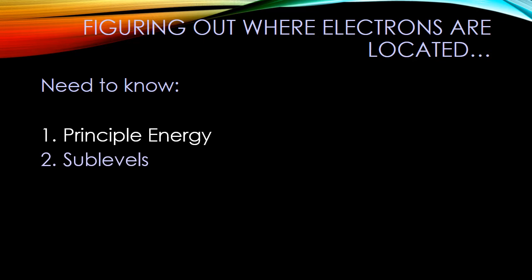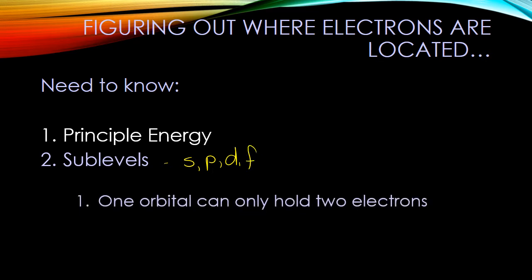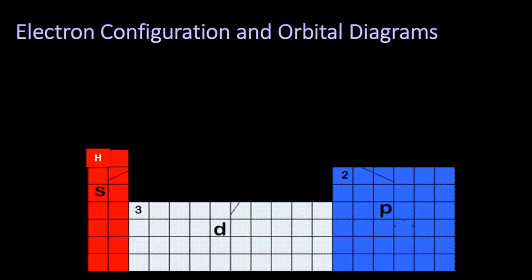We use letters S, P, D, and F, and each orbital can only hold 2 electrons. Let's try to find both the electron configuration, and then I'm going to show you orbital diagrams for the hydrogen atom.